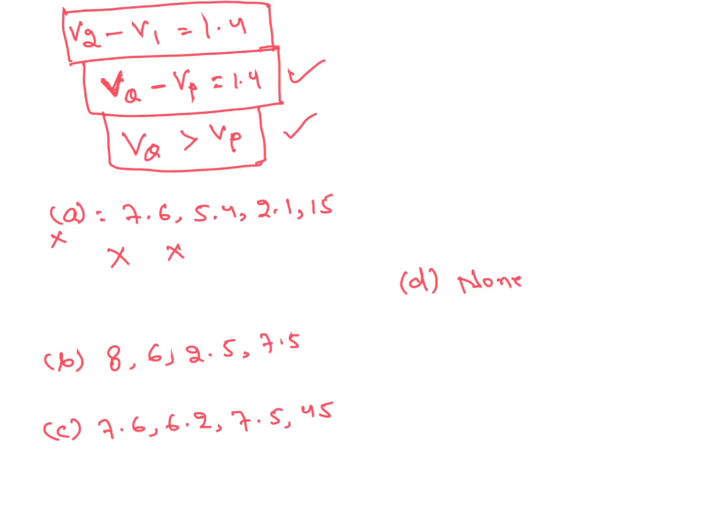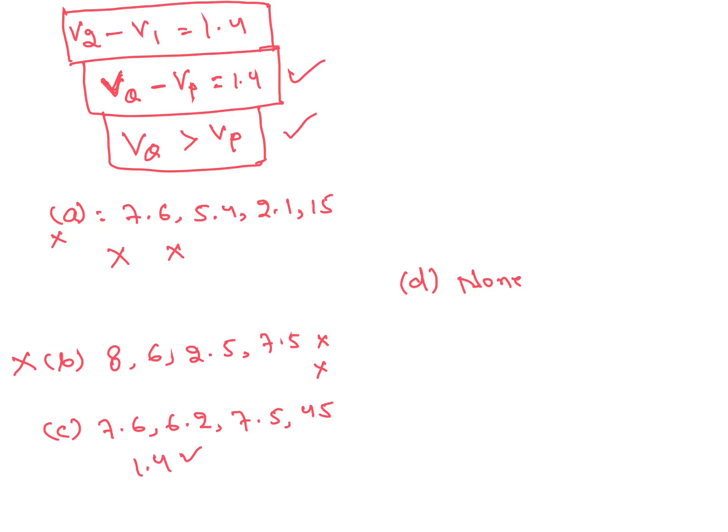Then in option B, 8 and 6, difference is 2. It is also not matching. In the second case, VQ is less than VP, 6 is less than 8, so second also not matching, so B not possible. In option C, 7.6 and 6.2 difference is 1.4, so this one is matching.